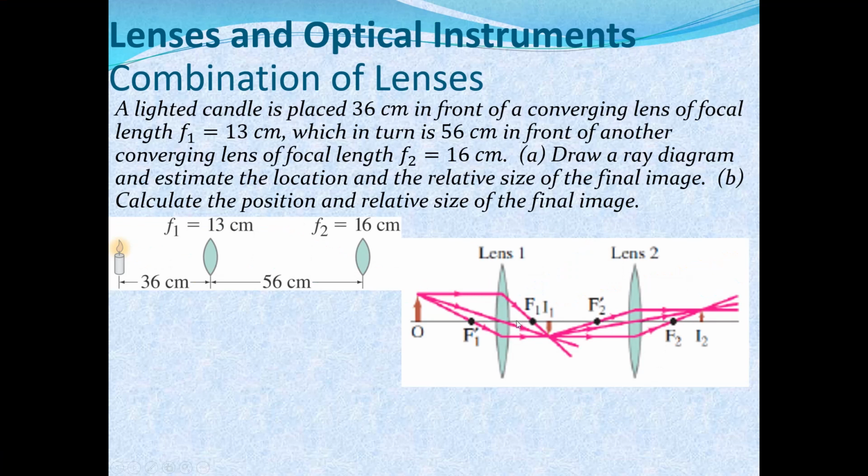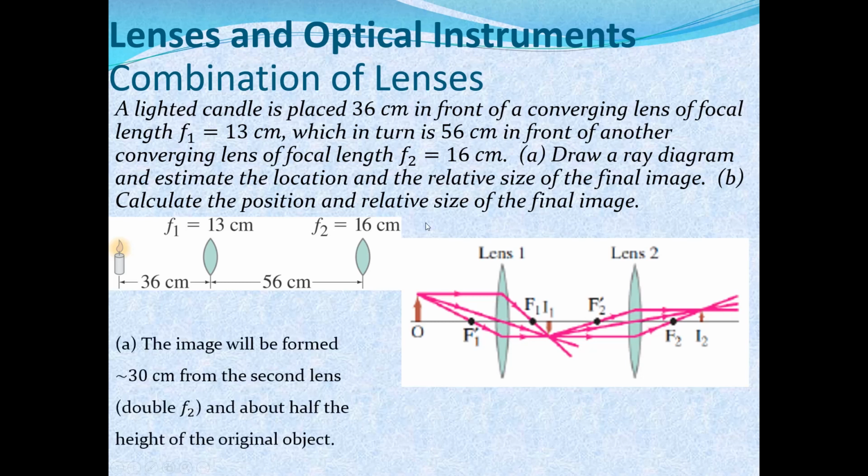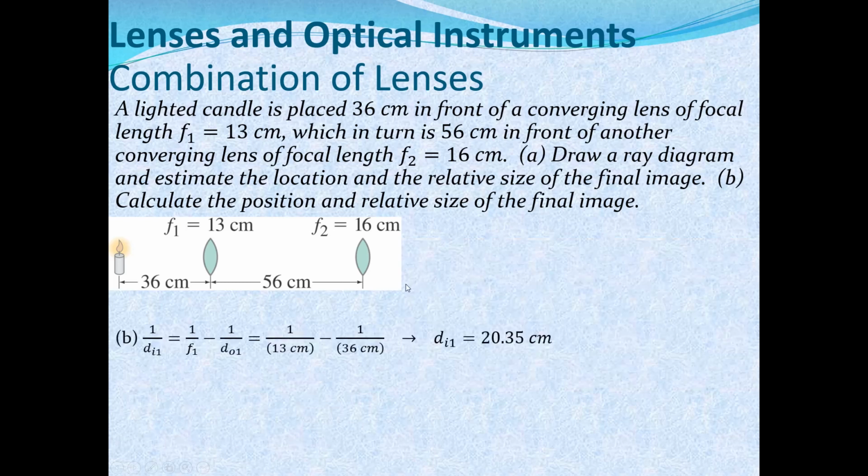But if you notice here, these focal lengths are actually much closer to the lenses compared to these spacings. So again, it could be caused by that. Usually when I do this on paper, I would get a much better ray diagram that's closer to what you expect. But we end up doing the same thing here.